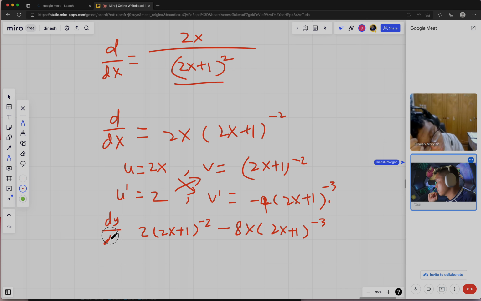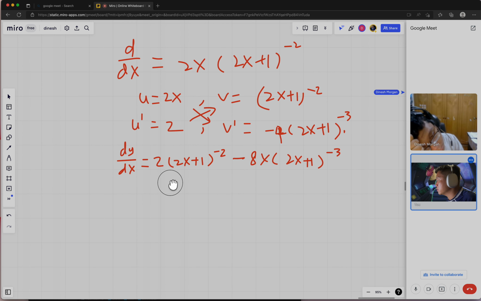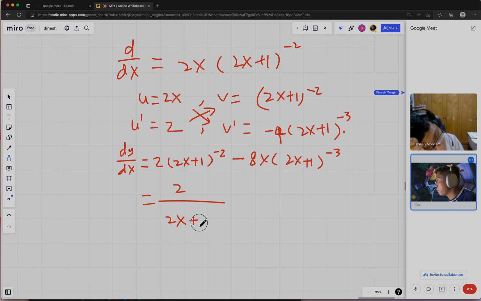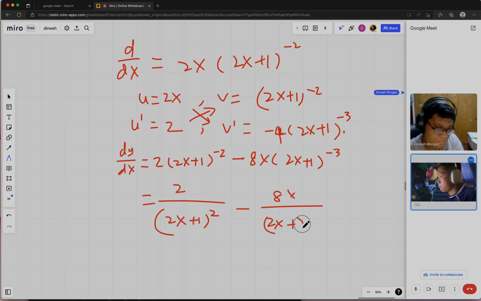But for some teachers, they might be very particular, so they want you to get it into this format. If you need to combine into a single fraction, you need to times the 2x plus 1 here.